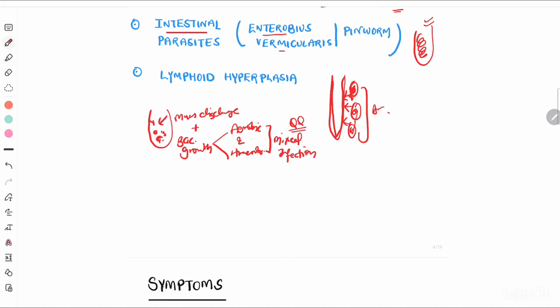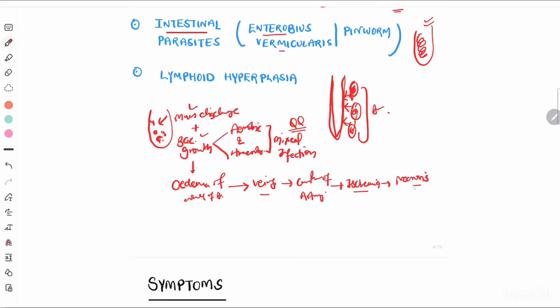Appendicitis is the mixed infection, and due to these two factors, mucus discharge and bacterial growth, there is edema of the wall of the appendix, which leads to compression of the veins, and which further leads to compression of the arteries, and then leads to ischemia, which leads to necrosis, and there is perforation of the appendix.